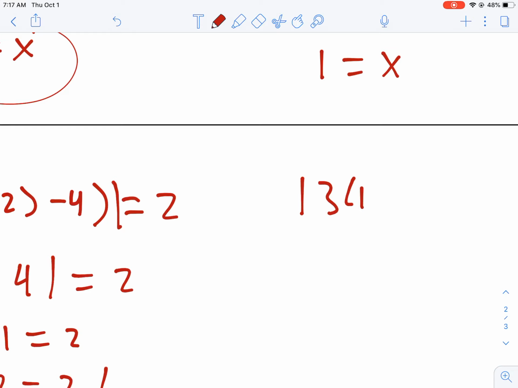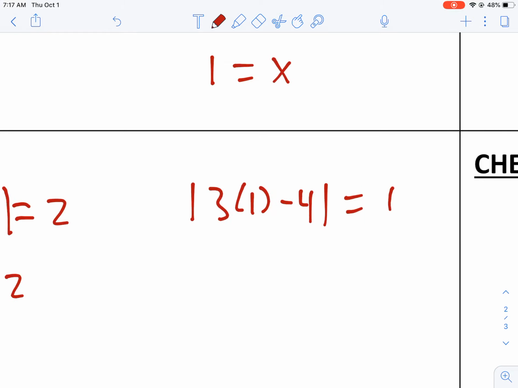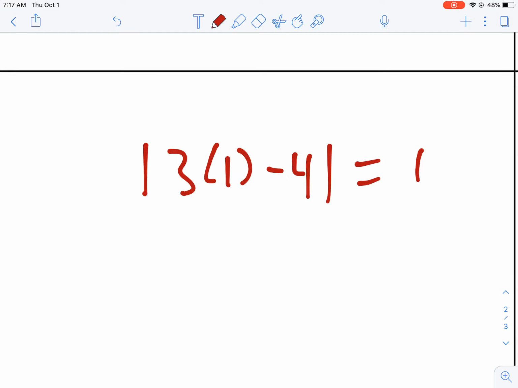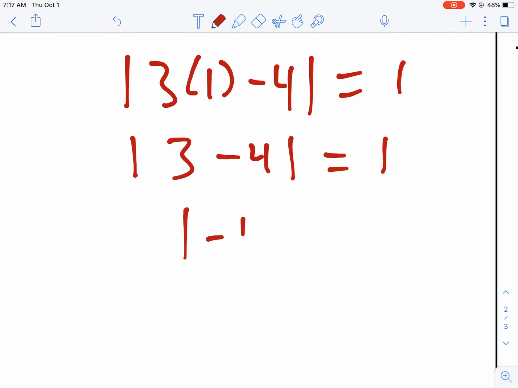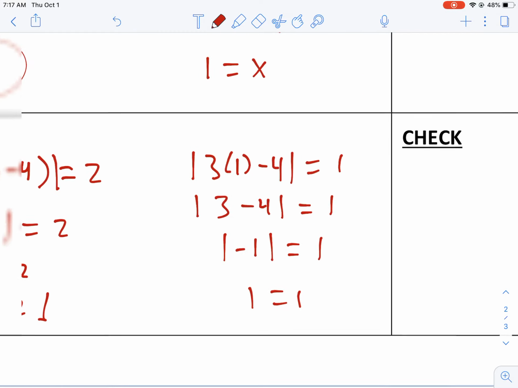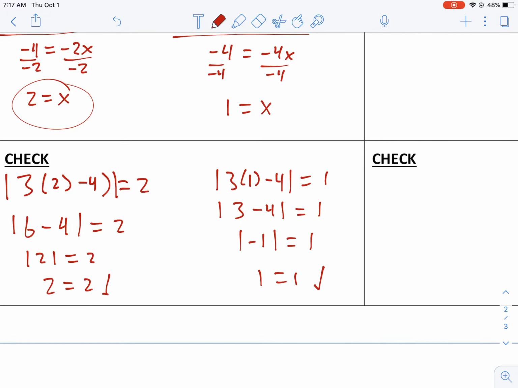So we've got 3 times 1 minus 4, and the absolute value equals 1. 3 times 1 is 3, 3 minus 4 is -1, the absolute value of -1 is 1. So that one also works. Both of these are solutions.